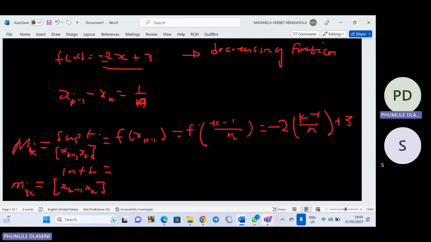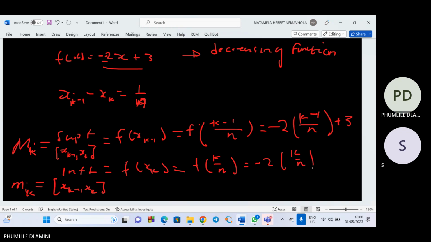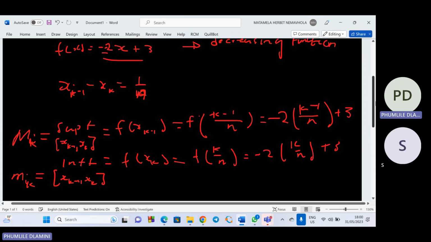So the m_k now is the supremum of that, which is going to be f of x_k, which equals f of k over n, which is going to equal minus 2 in brackets k over n plus 3. So we can leave it like that.